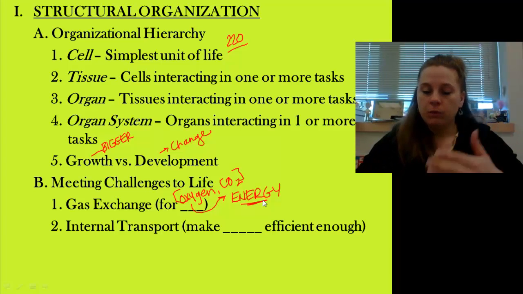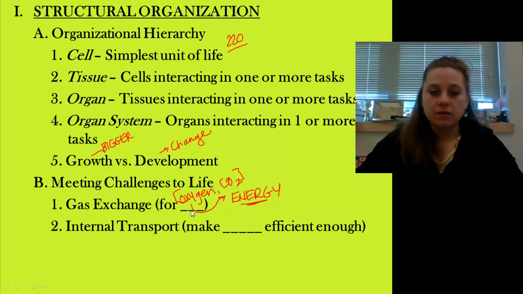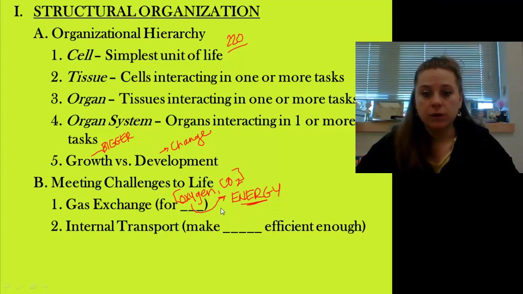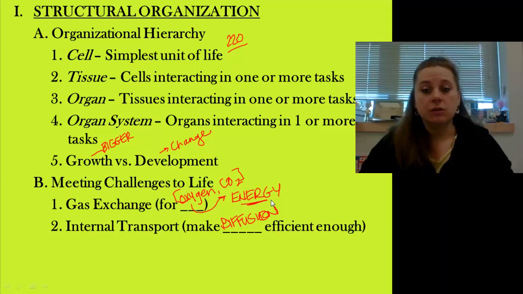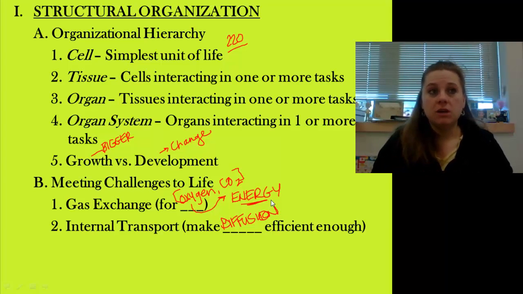And what we've learned over the course of the year is that this internal transport is really important, because we need to make things like diffusion and energy acquisition efficient. We want to make sure we're not wasting any energy to get something done, so we want it as streamlined as possible.